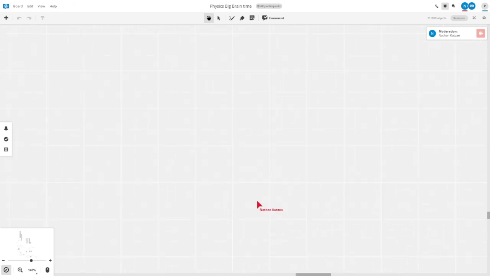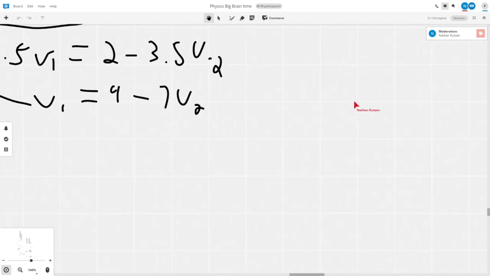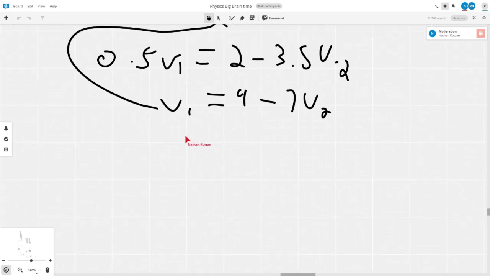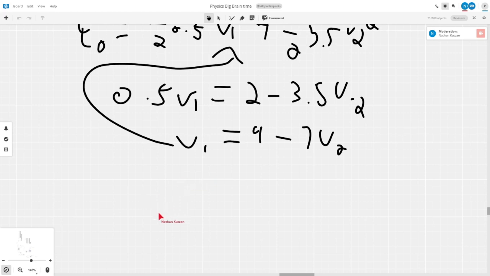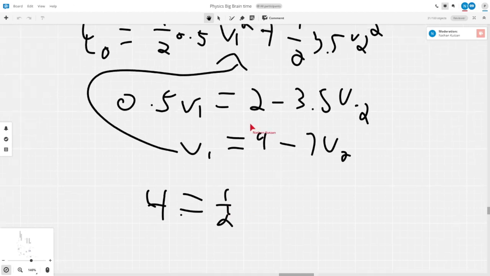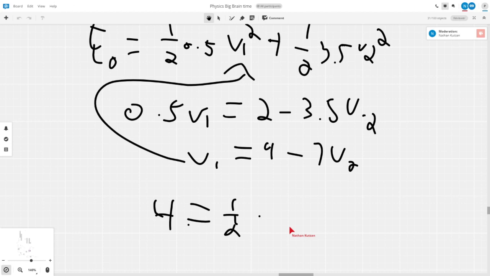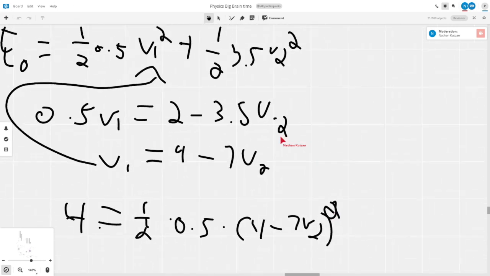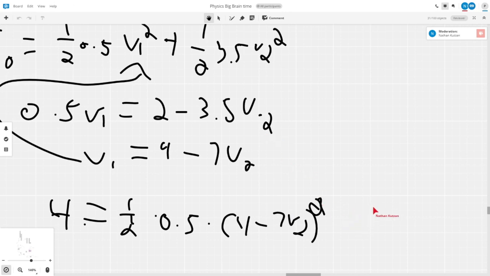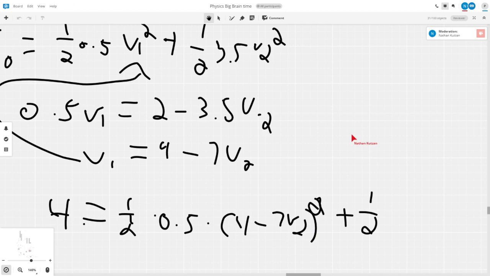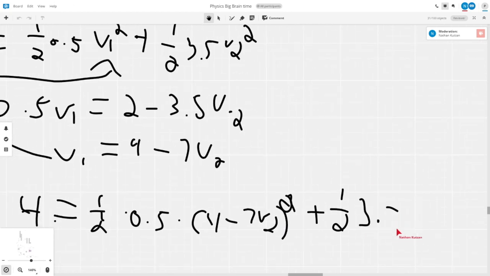So 4 is equal to 1/2 times 0.5 times (4 minus 7 v2) squared, plus 1/2 times 3.5 times v2 squared.